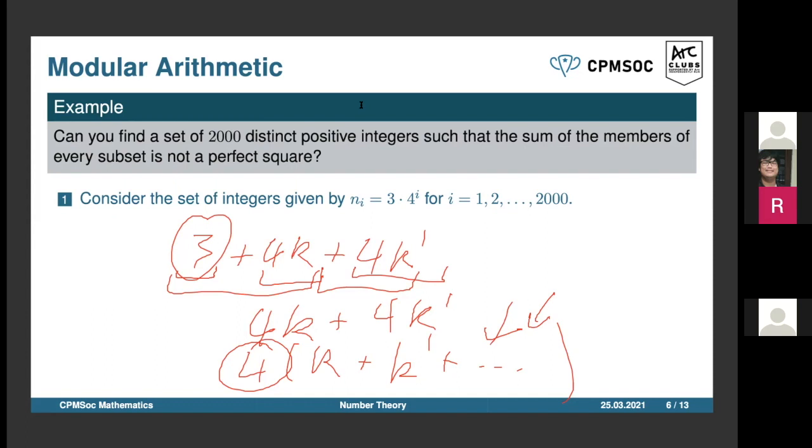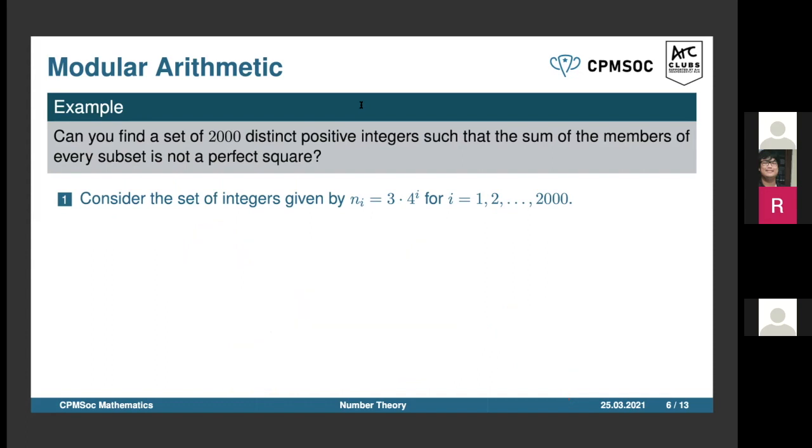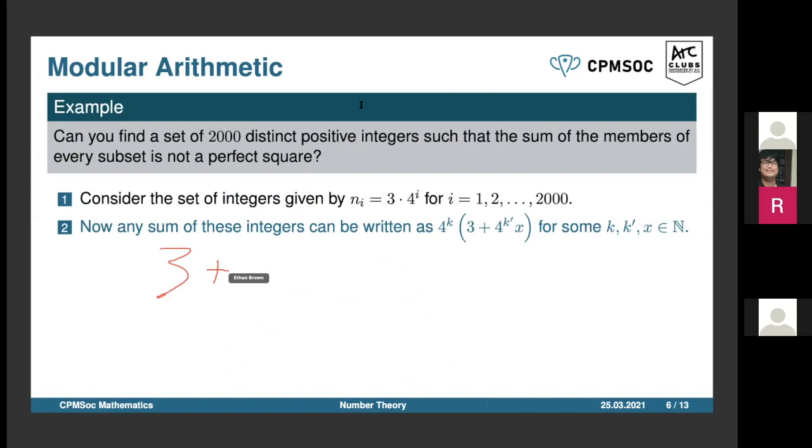So if we factor out a 4, I'll just clear it real quick. If we have 3 times 4 to the k, and then maybe 3 times 4 to the, I don't know, k plus 1, the next one along. On its own, it's fine because it's 3 mod 4.